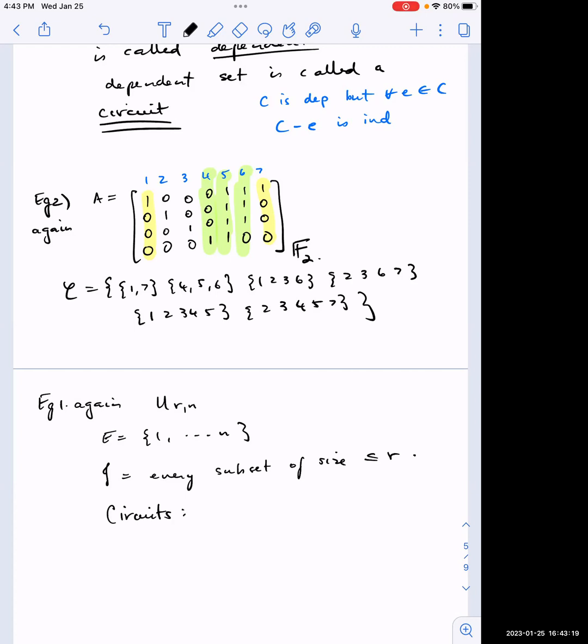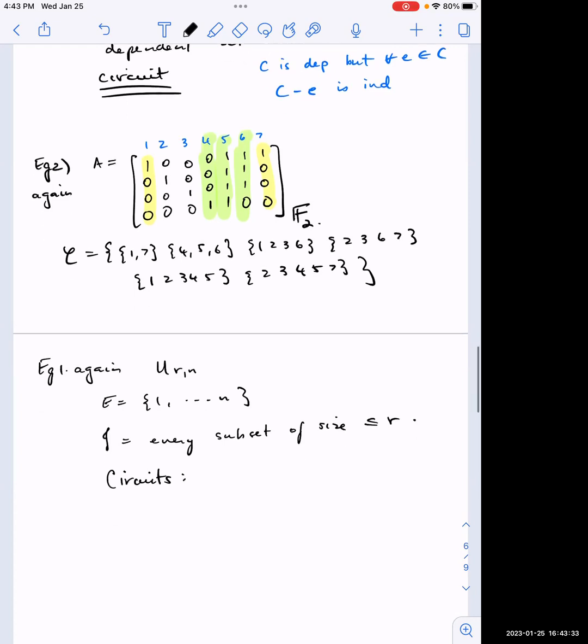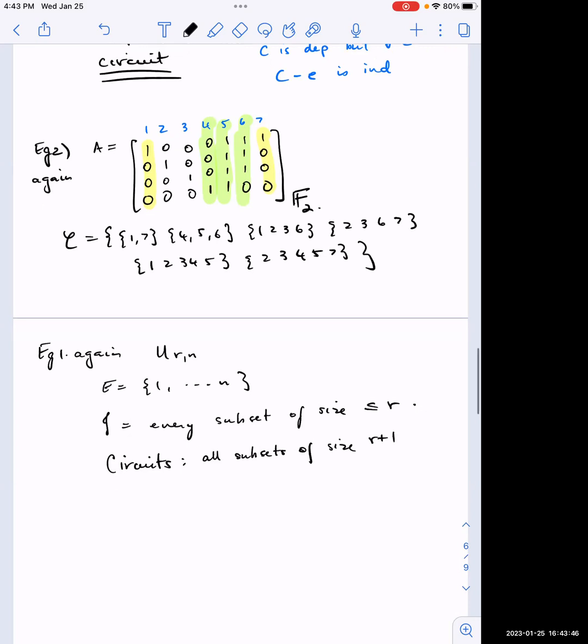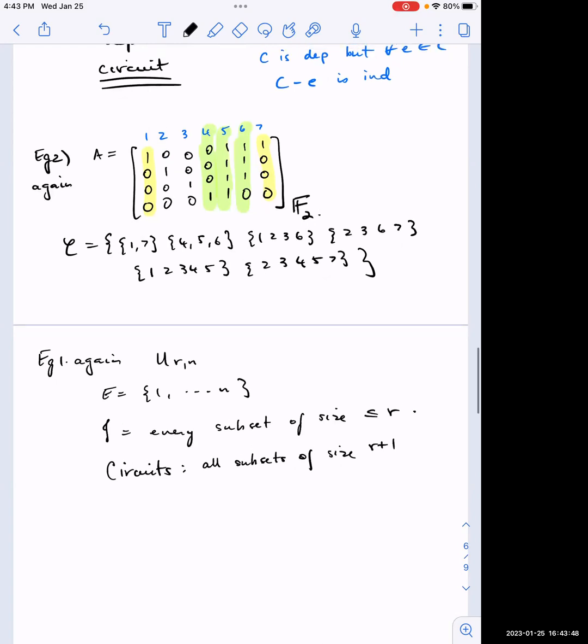Everything of size less than or equal to R is independent. What would be dependent is everything strictly greater than R. So the minimal dependent would be all subsets of size... anybody wants to chime in? R plus one. Yes, very good. Those would be the circuits.